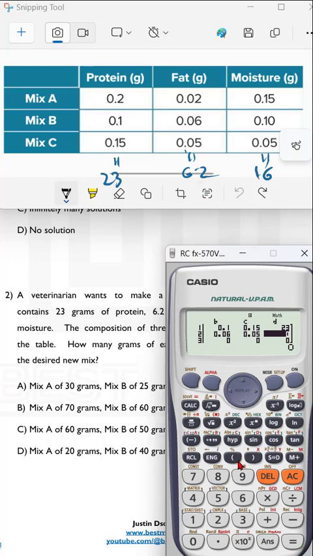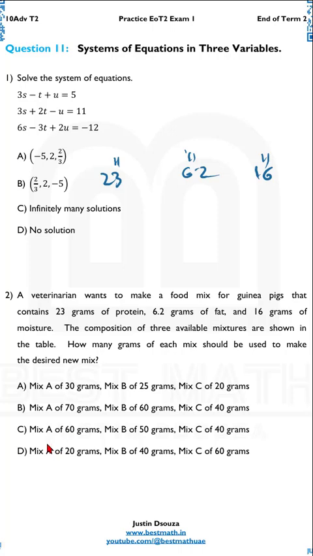That is all equal to 6.2 here. And for the third row it's 0.15, 0.1, and lastly it's 0.05. That is all equal to 16. So the answers here would be 60, 50, and 40. Option C gives you 60, 50, and 40. That's the correct answer.